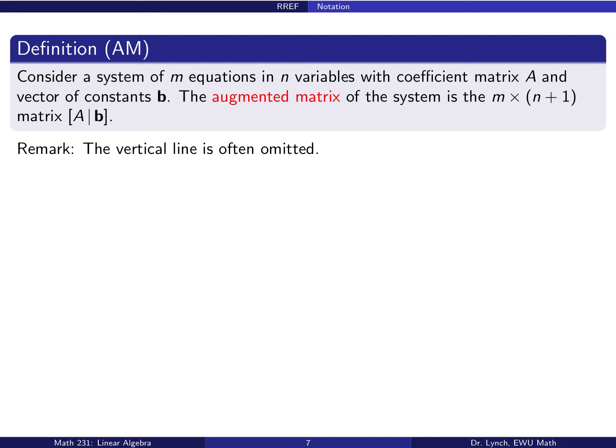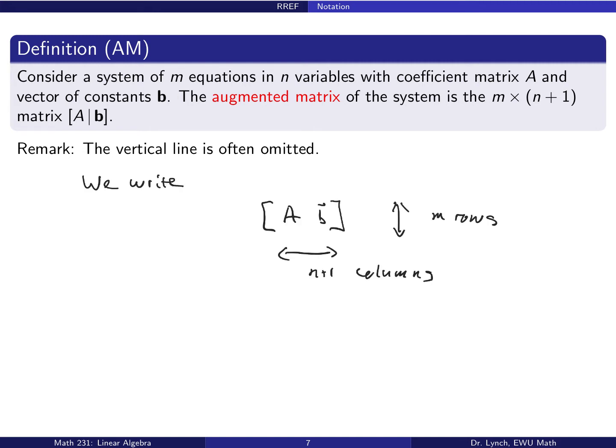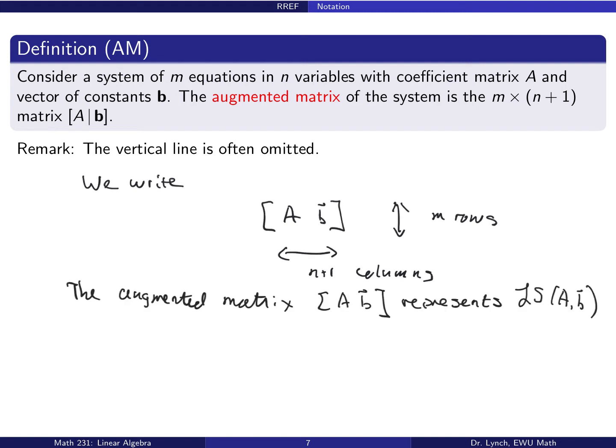Often we omit this vertical line. Because B had m elements to begin with, our new matrix still has m rows, and appending one additional column makes it have n plus 1 columns. So this augmented matrix, A augmented by B, represents the linear system of equations with coefficient matrix A and vector of constants B.